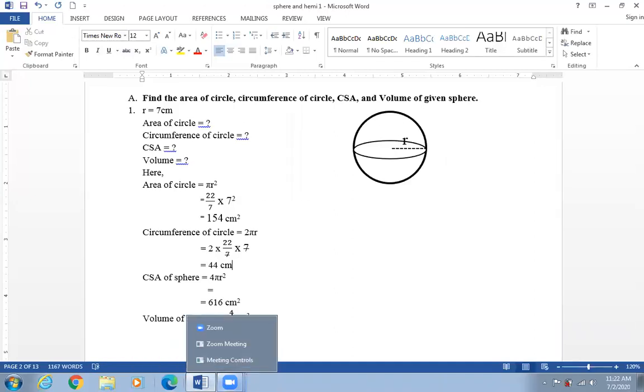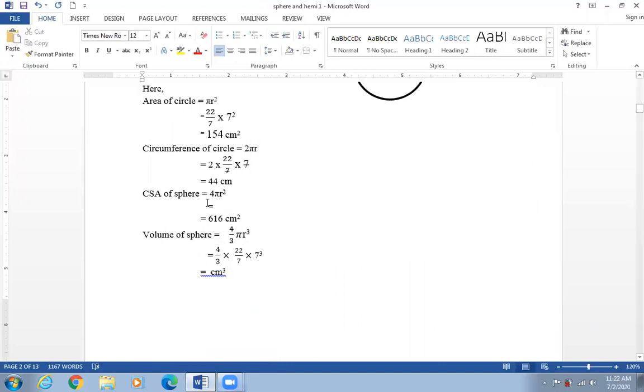Next, let us go to CSA of sphere, that is surface area of sphere. Let us write down 4 pi r square formula. So 4 into pi. What is the value of pi? 22 by 7. Let me copy this and paste it over here.